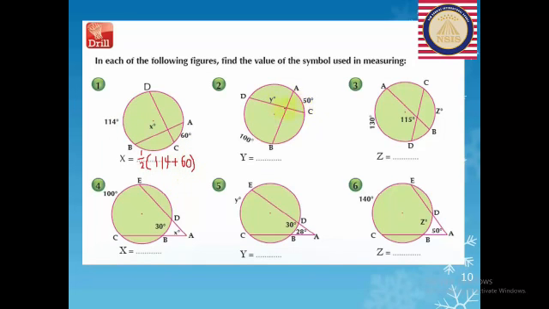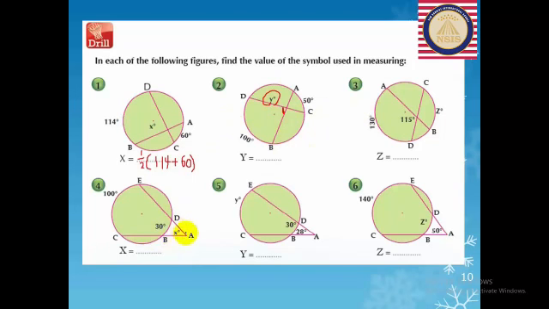Okay, and here, what we're going to do, we're going to get this one first, which is half of 100 plus 50, and angle Y will be 180 minus what we get. You can solve this too by yourself. Let's see this one.